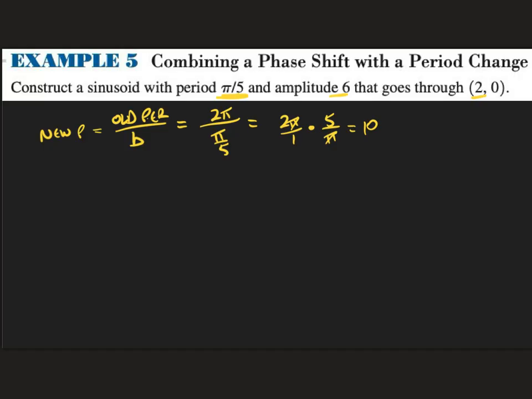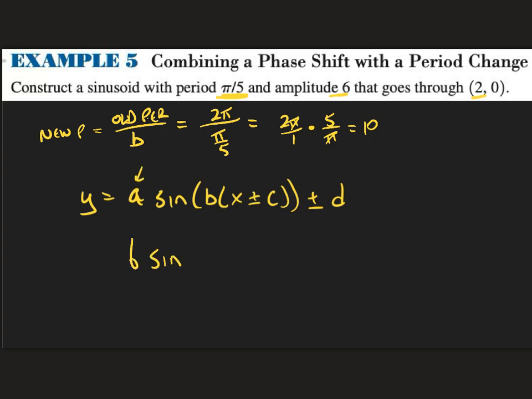Okay, so now the amplitude is 6. If we take our equation, y equals a sine of b x plus or minus, I don't know, they call it h, we could call it c, doesn't really make a difference, plus or minus d. Where a is your amplitude, 6 goes in there, and the sine of 10 for x.